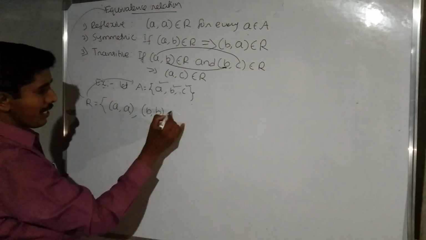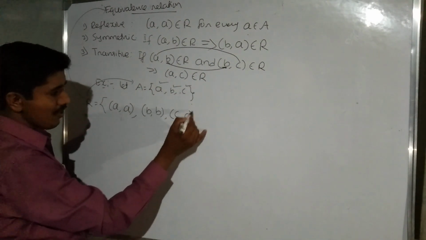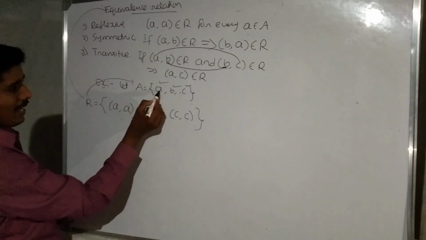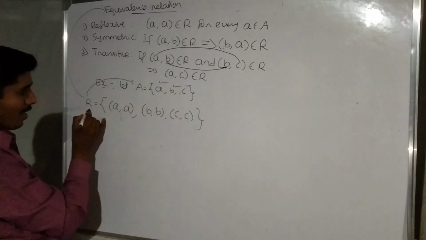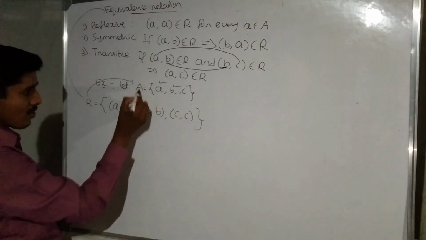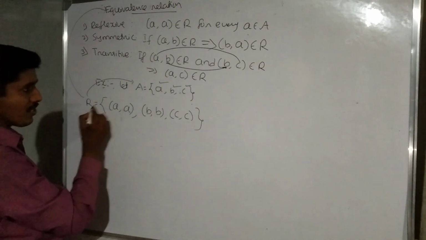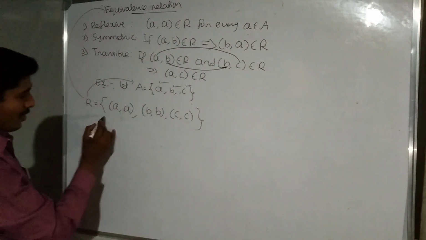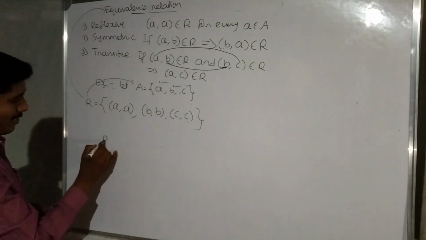C belongs to set A, C comma C belongs to relation. Therefore, this relation is reflexive.